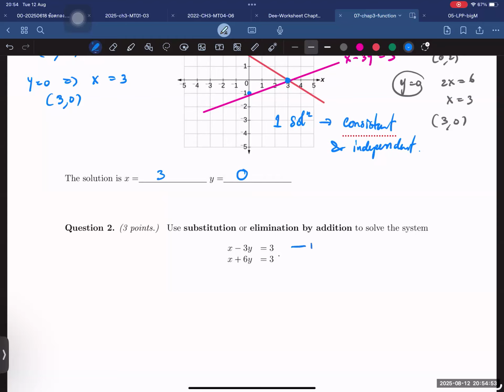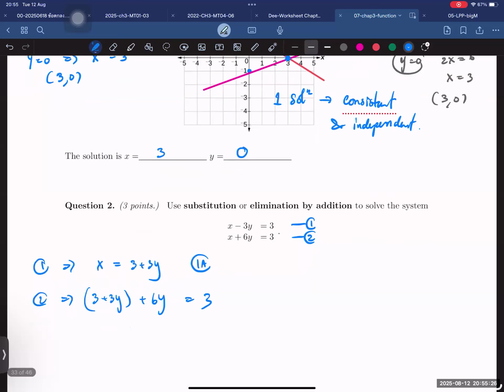So if I call that equation number 1 and 2, from equation number 1, why don't we solve for x? X is going to be 3 plus 3y, right? And here I call that 1A. And then I substitute x in the form of 1A into 2. So we get 3 plus 3y plus 6y equal to 3.